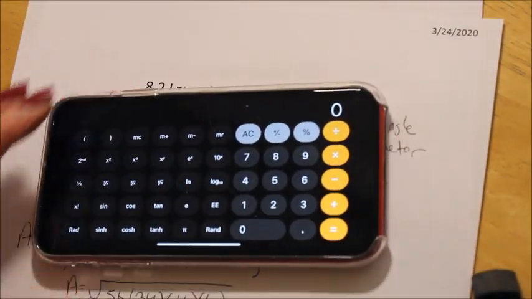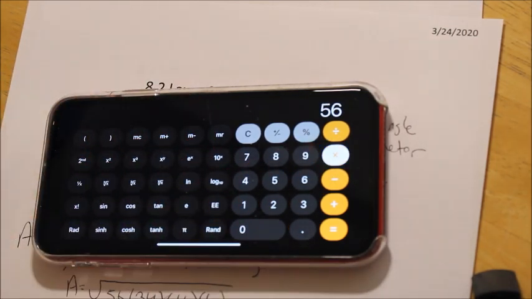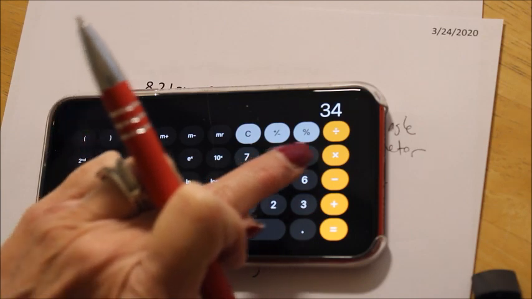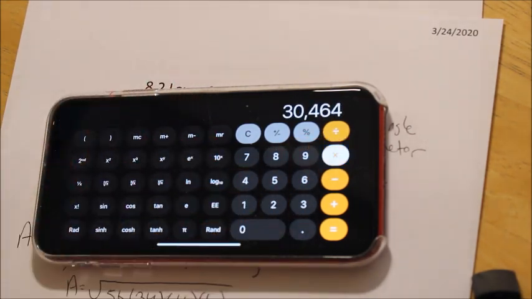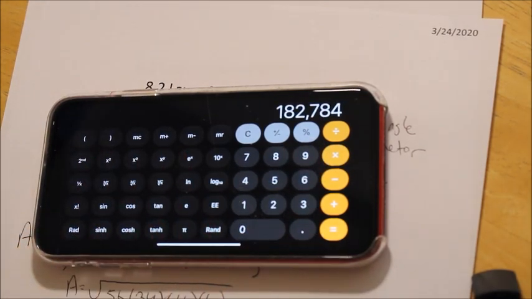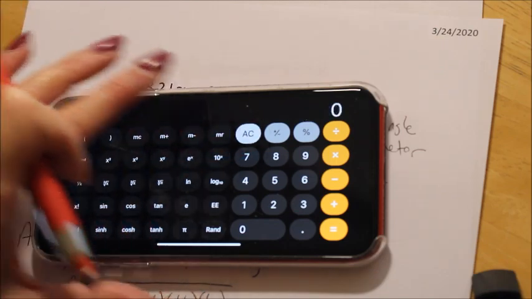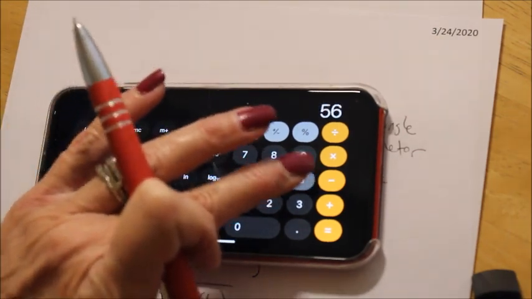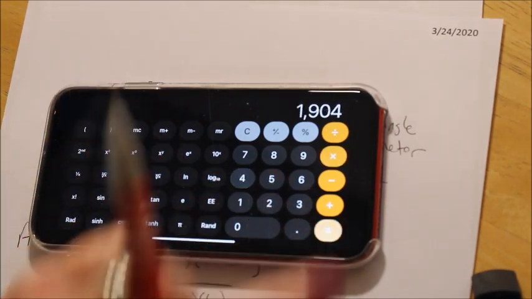So, okay, so 56 times 34 times 16 times 6. I think I hit something. Is that right? Well, let me try it one more time, just double check. 56 times 34 equals.